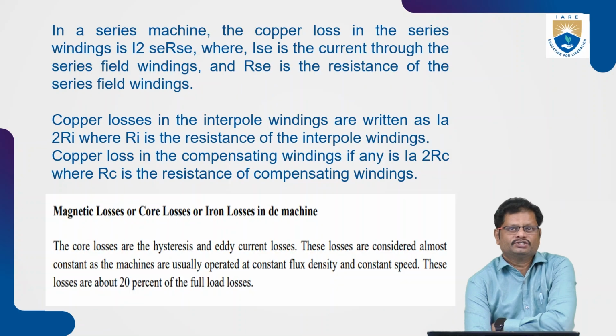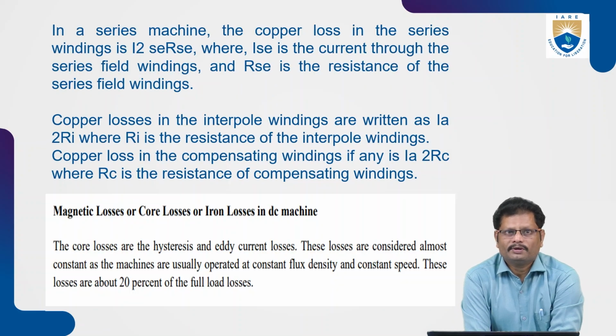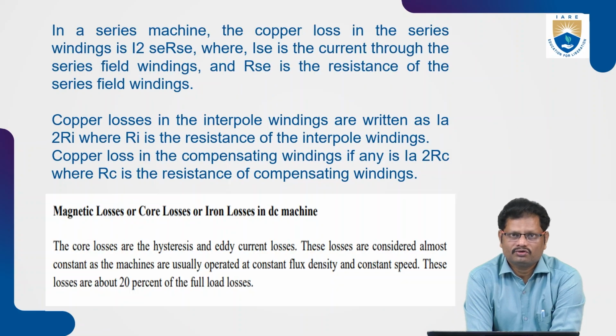But in a series machine, the copper loss in series windings is I_SC square R_SC, where I_SC is the current through the series field winding and R_SC is the resistance of the series field winding.